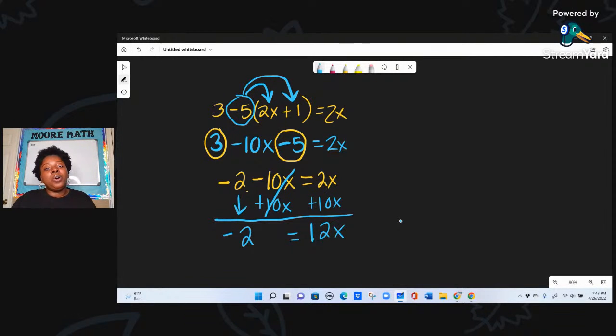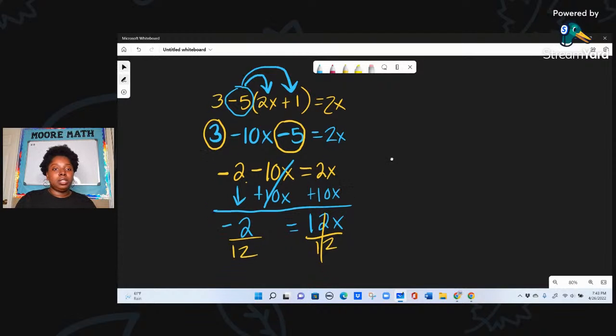So side by side, we multiply. 12x is 12 times x. The opposite of multiplication is division. So we're going to divide both sides of the equal sign by 12. A fraction bar can also represent division. I'm sure you've seen your teachers write it like this.